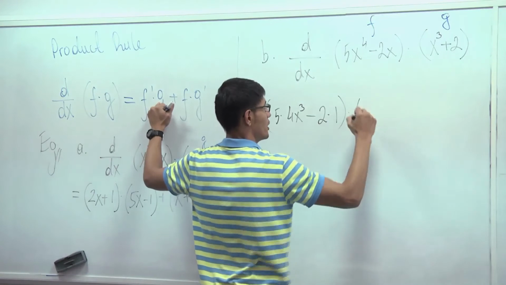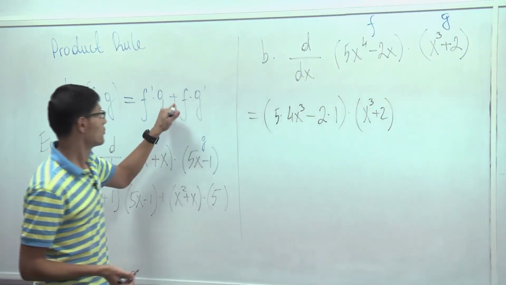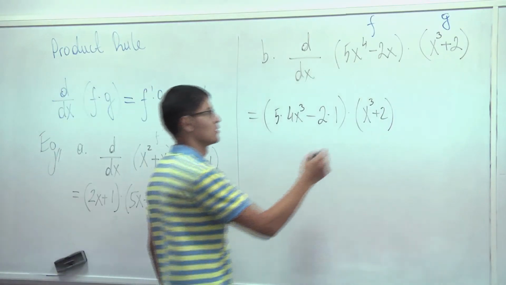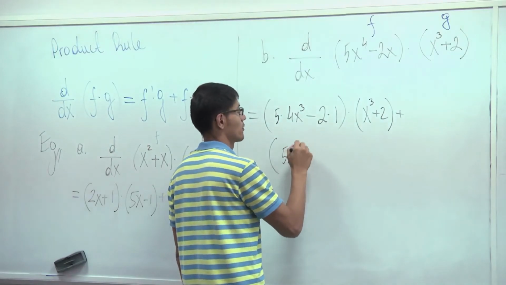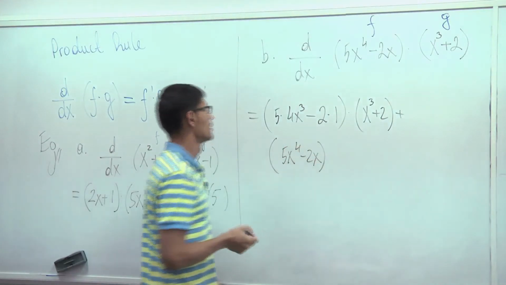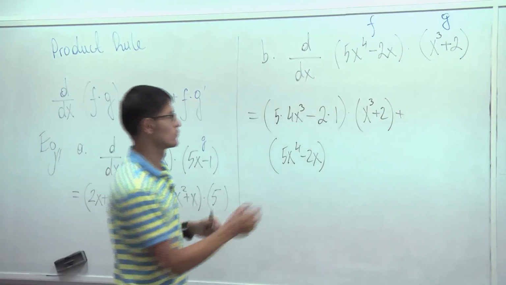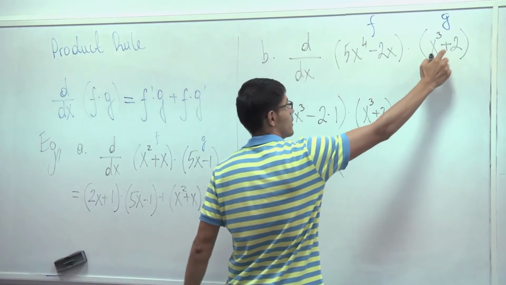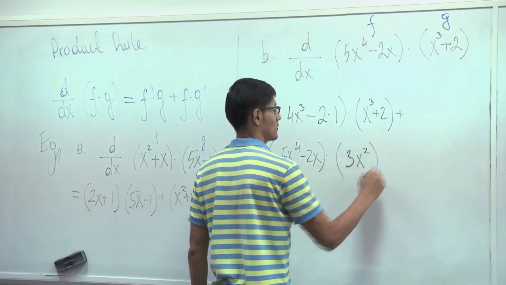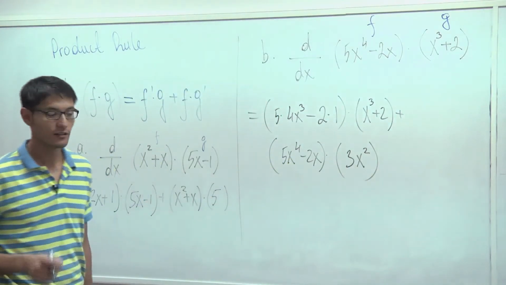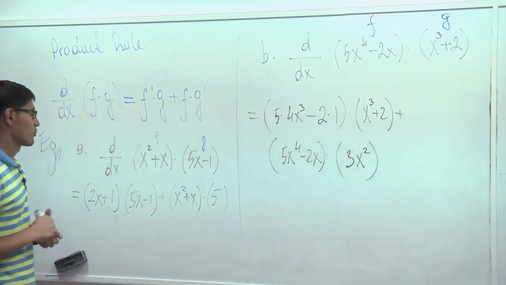So we'll just copy g. Then plus f. Plus copy f, 5x to the fourth minus 2x. Plus f times g prime. So multiply by g prime. So this is g, and g prime will be 3x squared. Okay? And then you just simplify and get the final answer. Right? So that's how the product rule works.